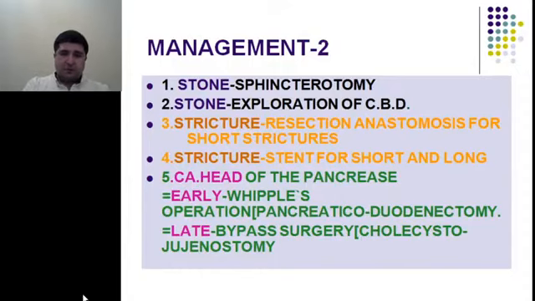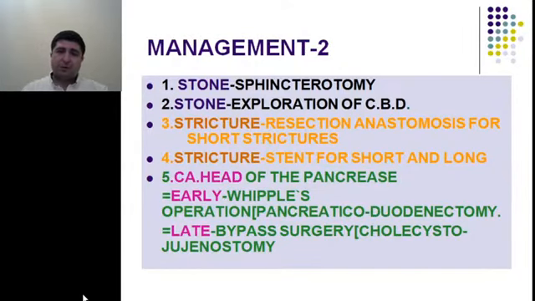In case of stricture, we can do resection and anastomosis for short strictures, but before that, of course, we use a stent. If applying a stent is impossible, only in this case do we do resection and anastomosis. We can resect this part of the stricture and apply a new one, or we can do shunting operations.